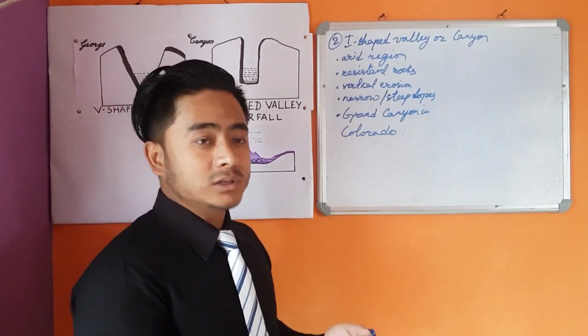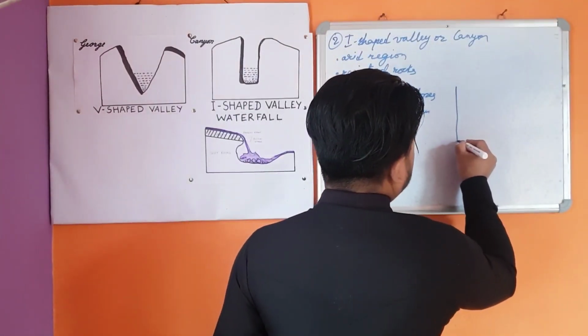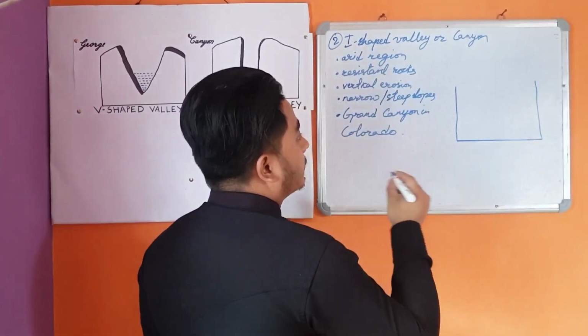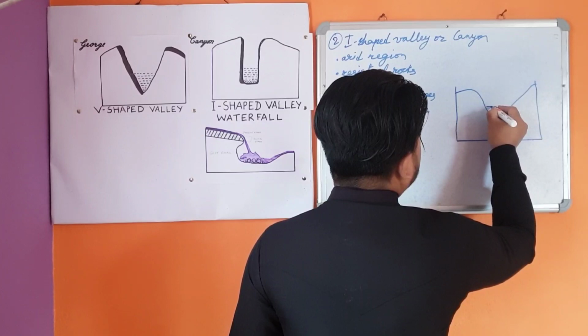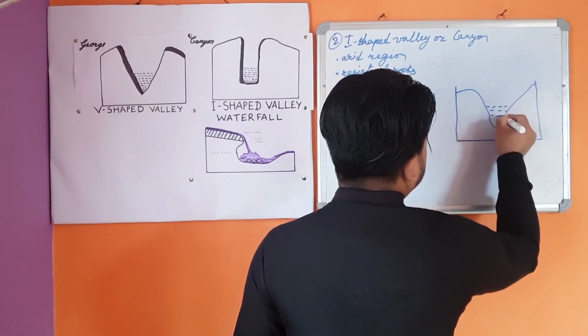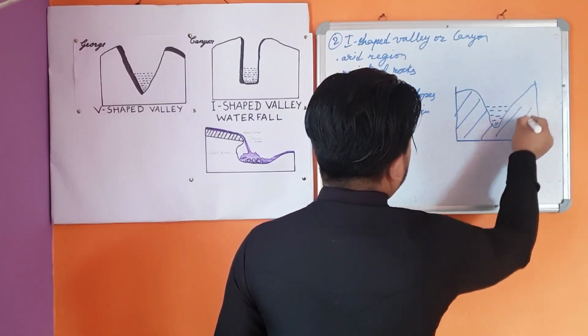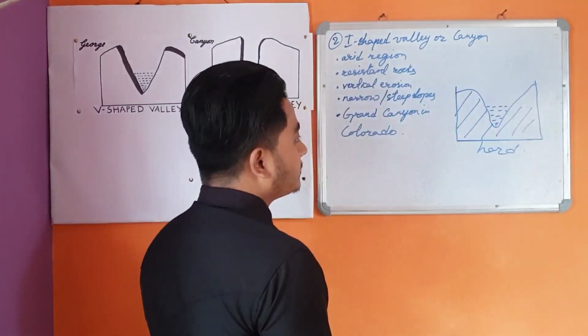Let me explain you all in detail. Like in the previous landform, we studied about V-shaped valley. So for example, if this is a V-shaped valley and this is the presence of the resistant or hard rock.